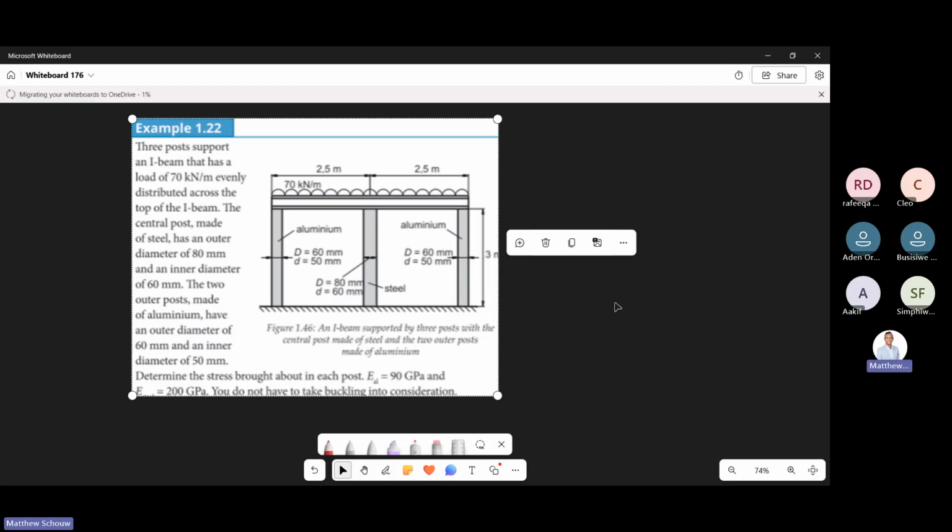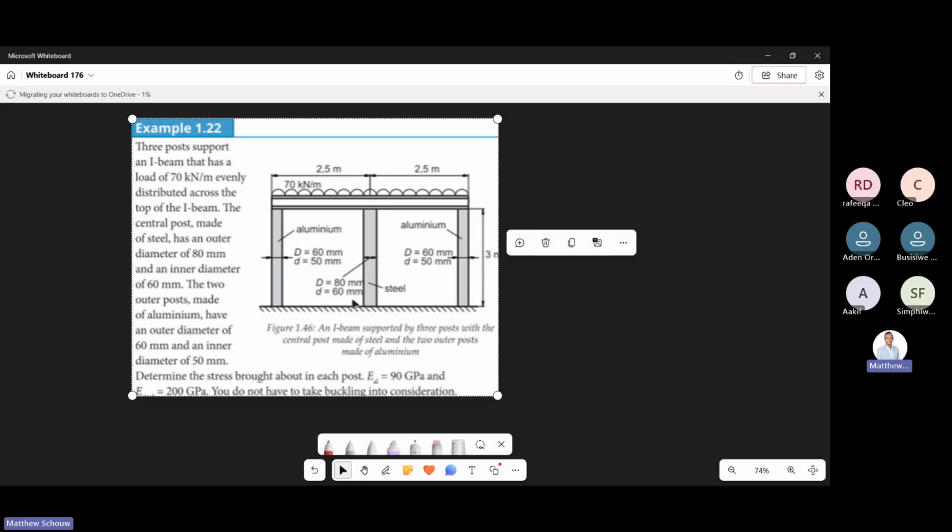I think I should have chosen a more simple example, but this is what I'm going to have to do. Okay, so here we have this 3-post support and I-beam. This is a bit more advanced, but yeah. Then we have some UDL load on top, right? The central post is a steel post in the middle and 2 aluminum posts on the side.